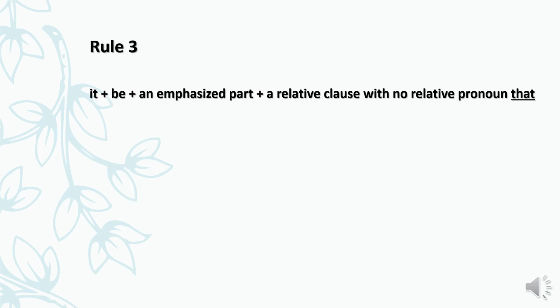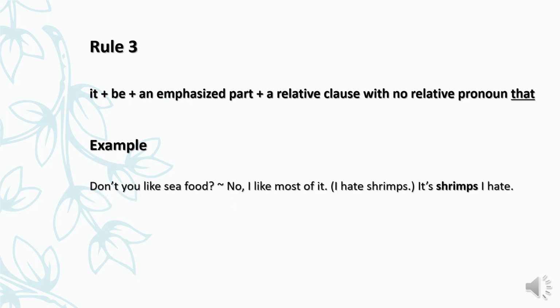Rule number 3. We form it-clefts with it plus be plus an emphasized part plus a relative clause with no relative pronoun that. For example, don't you like seafood? Here I want to say that I like most of it, but I want to emphasize that I hate only shrimps.